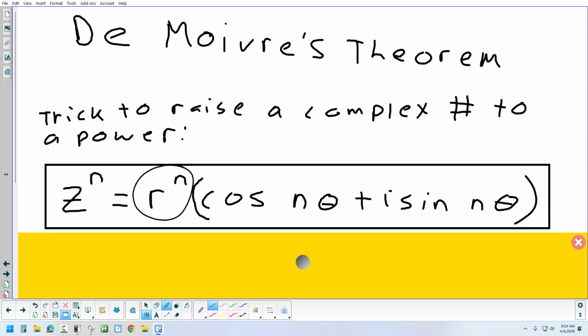Second, you multiply the angle by the power. Those are the two steps. Raising a number to a power and multiplying an angle by a number replaces, if you had to do the 43rd power, writing 43 sets of parentheses and doing all the formula. That's one formula.